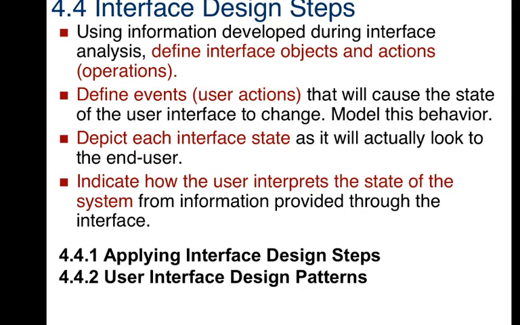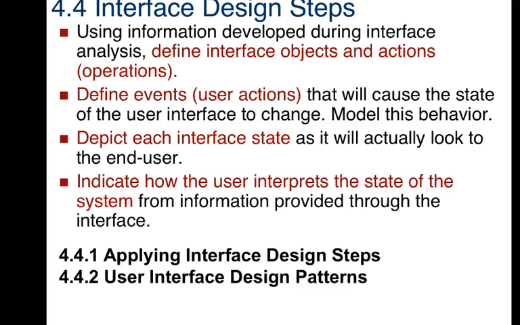To make a good interface, we should follow certain design steps. In the previous class we discussed the following steps. One is applying interface design steps. Second one is user interface design patterns. The primary interface design steps are: we have to identify user actions and states.